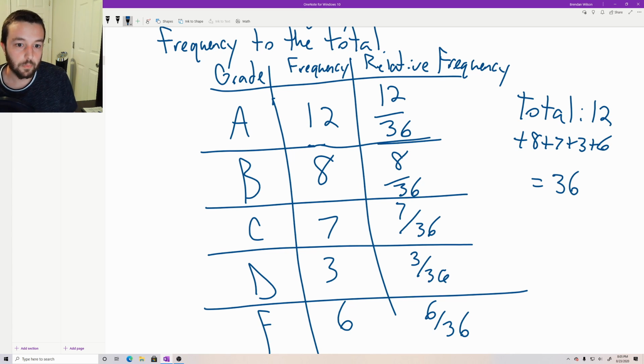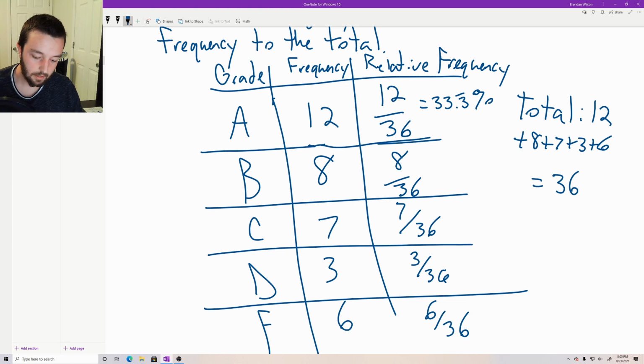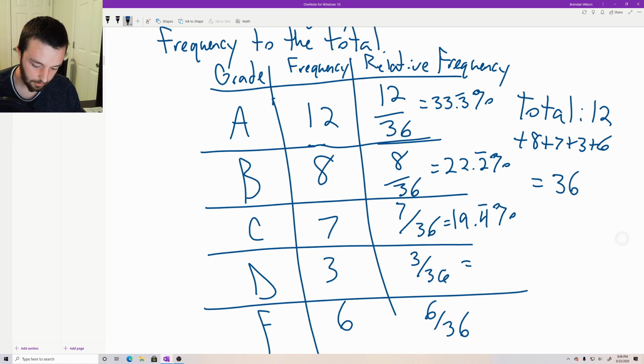If we want to, we could express this as a percentage, right? So this one would be 33.3 repeating percent. And you can just do it in a calculator. You can do 8 divided by 36 and then move the decimal place over twice. So we have 19.4 repeating percent. 2.7 repeating percent.